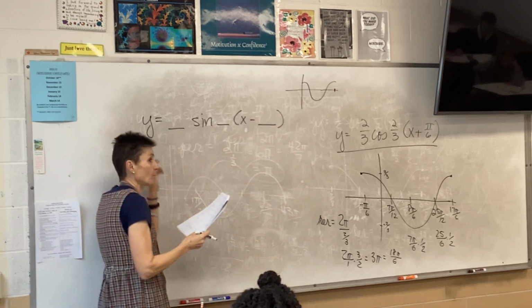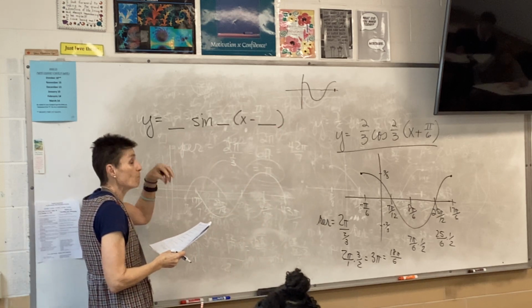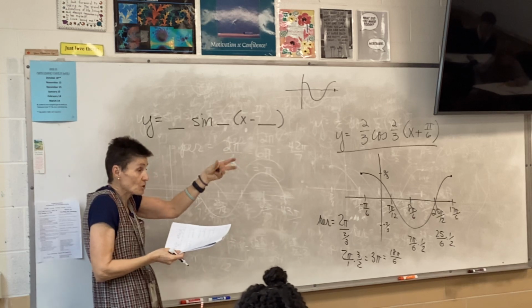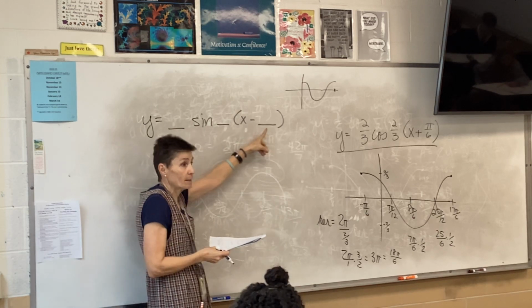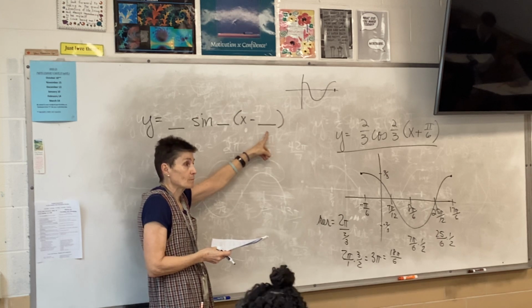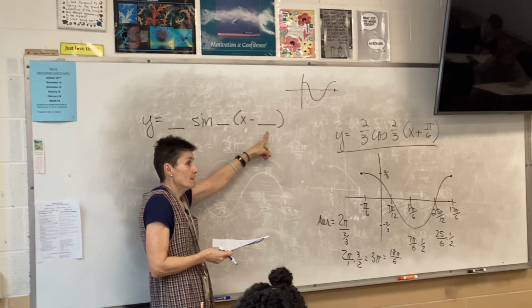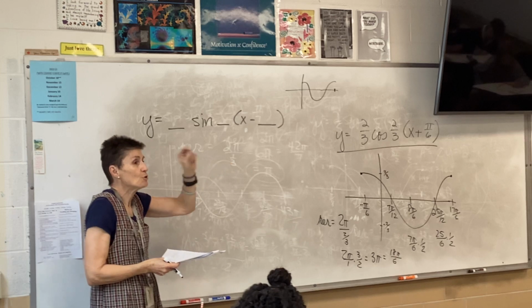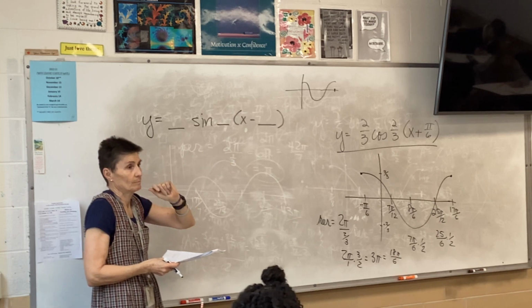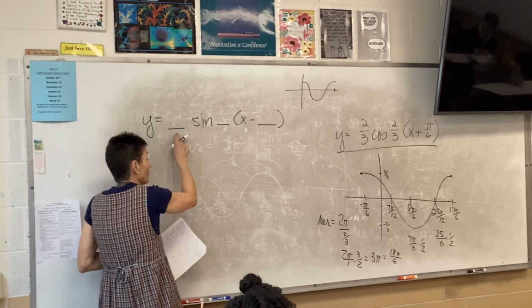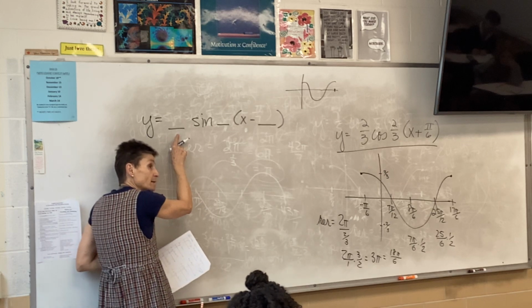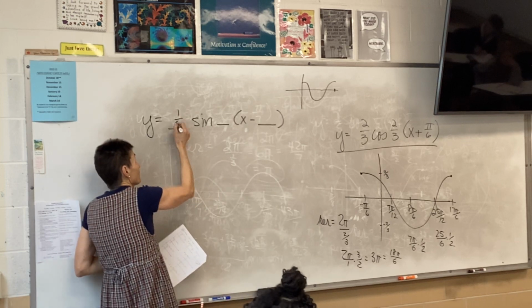And would you agree that so far in our sine equations, we could have a number here, a number here and a number here? Right? Now, 2 of those you can fill in right now. We know that the number out in front is going to be what? 1/5.